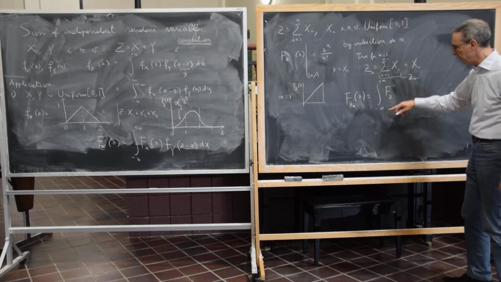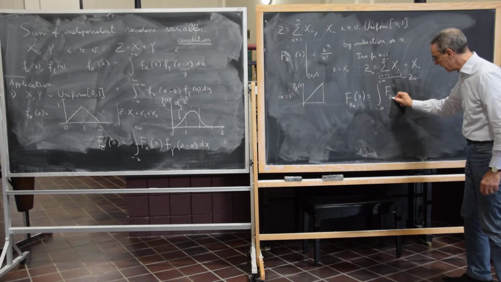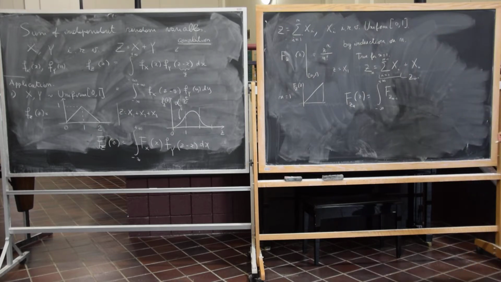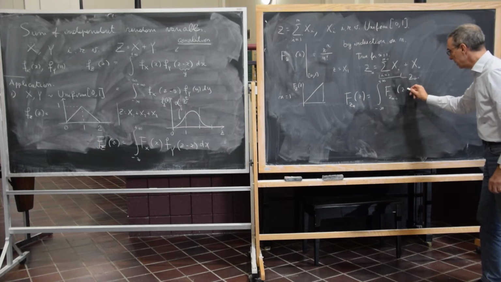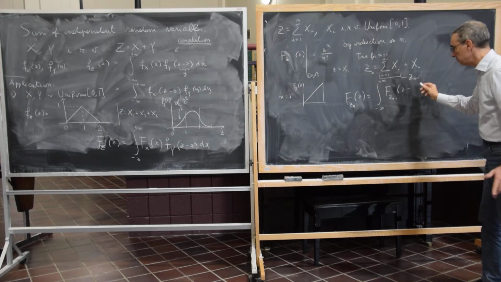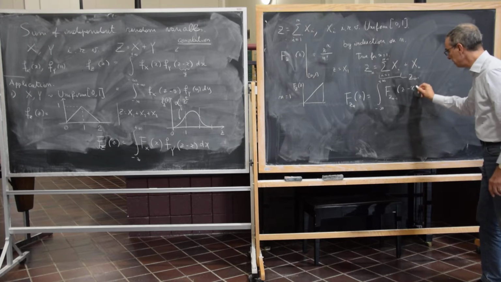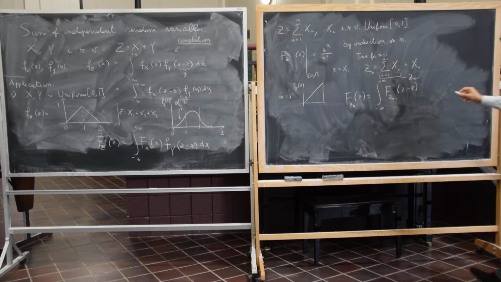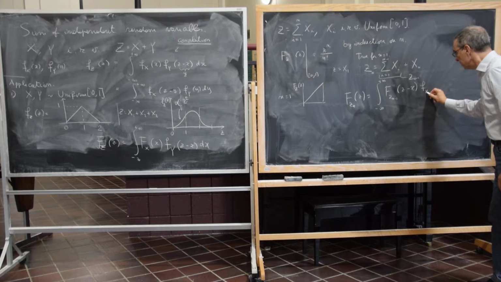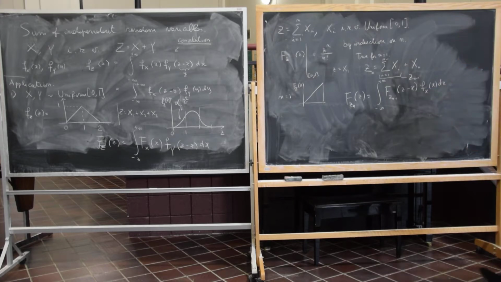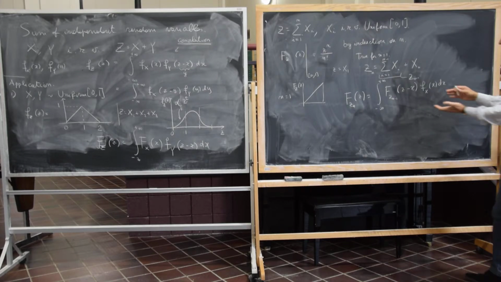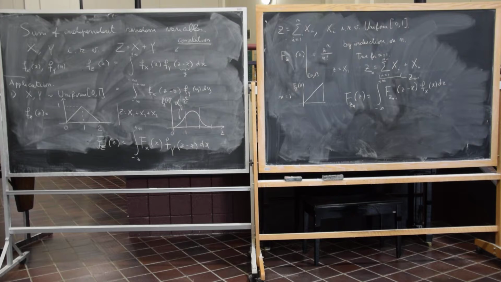So F_Zn is equal to the integral from minus infinity to plus infinity of F_Zn minus 1 of z minus, we can call it x, doesn't matter, times, right? Fine. Now, this is in principle an integral from minus infinity to plus infinity.